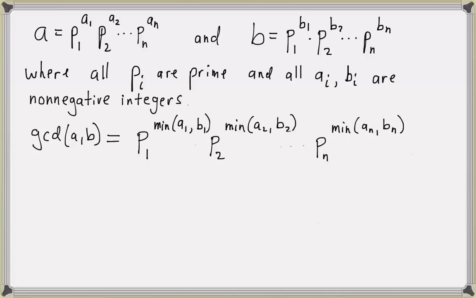Now we have a similar formula for the least common multiple. So the least common multiple of a and b, now instead of the minimum of a1 and b1, the exponent on each prime will be the maximum, or the bigger, of each a and b.